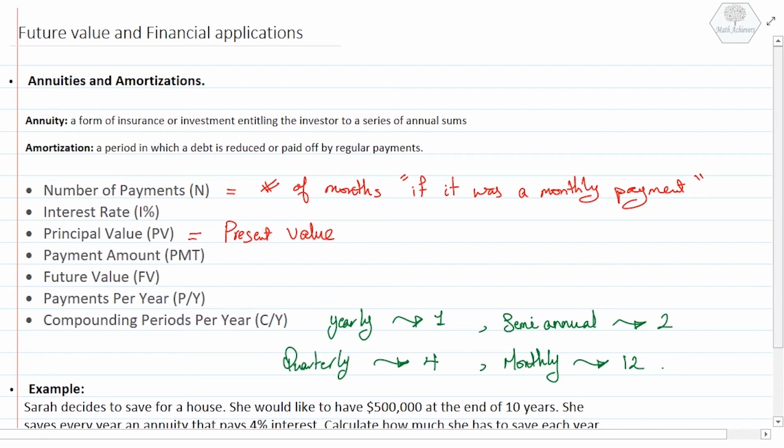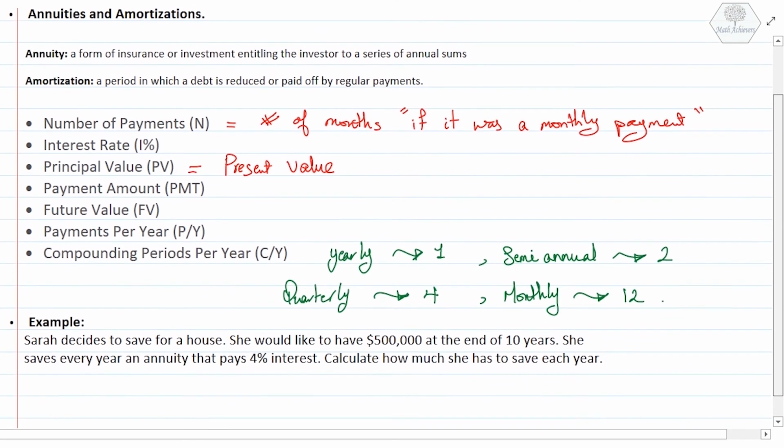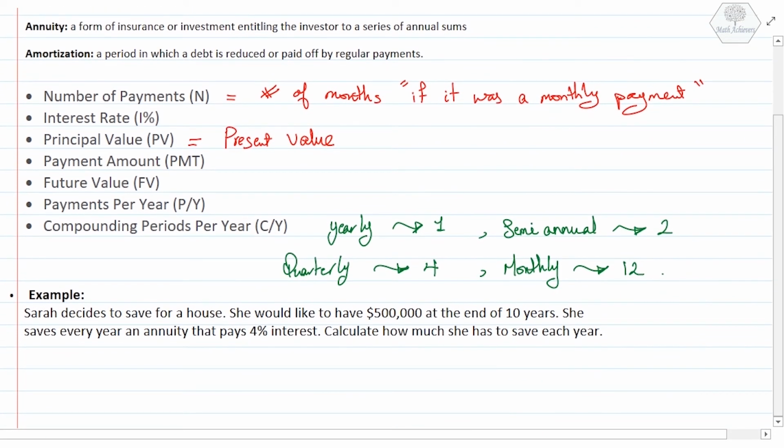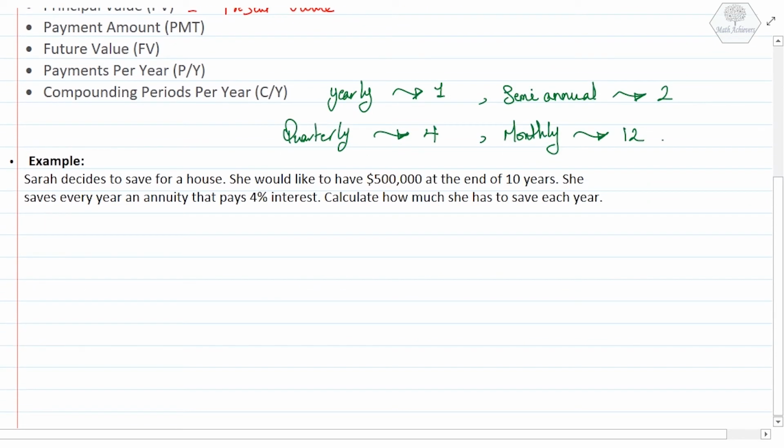Let's now have an example. Sarah decides to save for a house. She would like to have 500,000 US dollars at the end of 10 years.